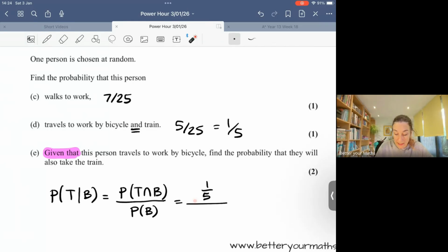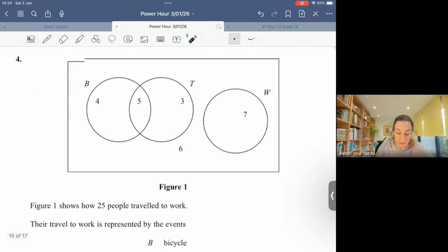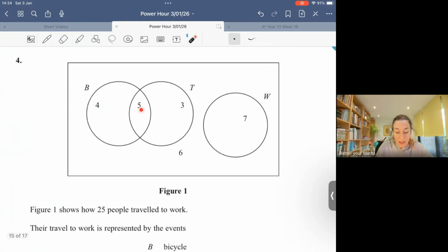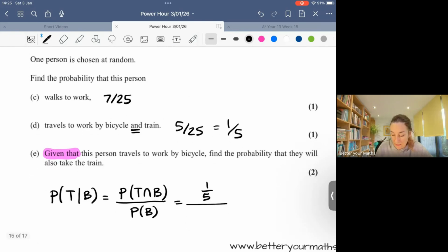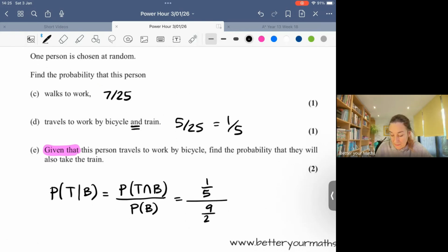Probability of bicycle only, very quickly, is 9 out of 25. Yeah, and then we can cancel or whatever we need. So we have 5 ninths. And that's our probability, yeah?